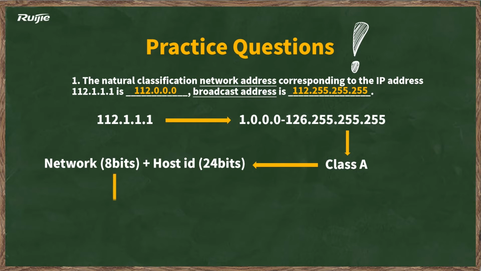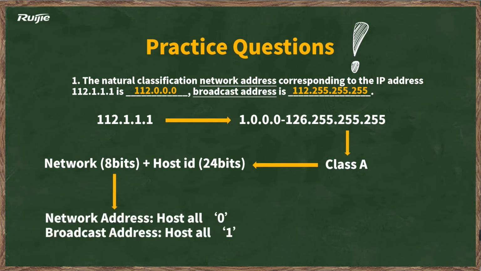Then we review what network address and broadcast address mean. The network address makes all the host bits 0, and the broadcast address makes all the host bits 1. That's the definition. Now we know which part belongs to the host ID. For the address 112.1.1.1, the first 8 bits are the network part, and the last 24 bits are the host part.